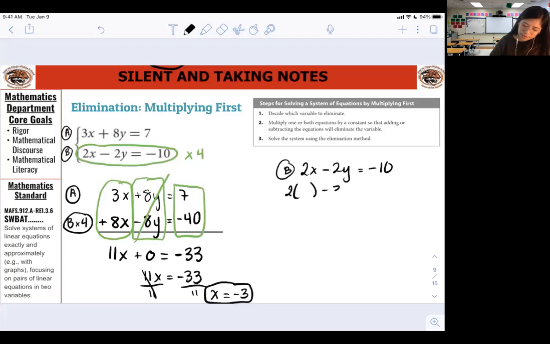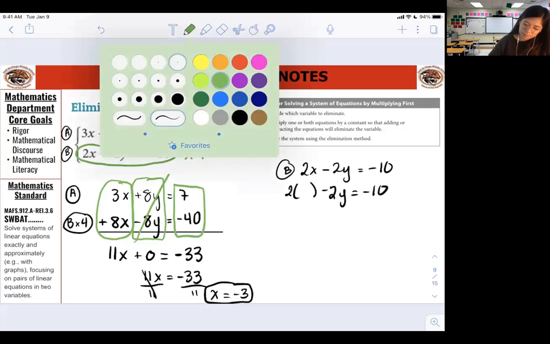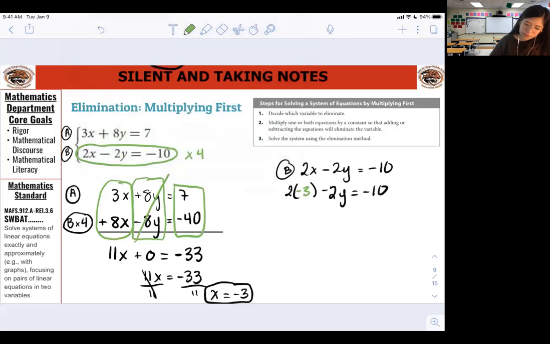Plugging in my negative 3. Two times negative 3 is negative 6. Oh, sorry, that's a minus sign. So negative 6 minus 2y equals negative 10.